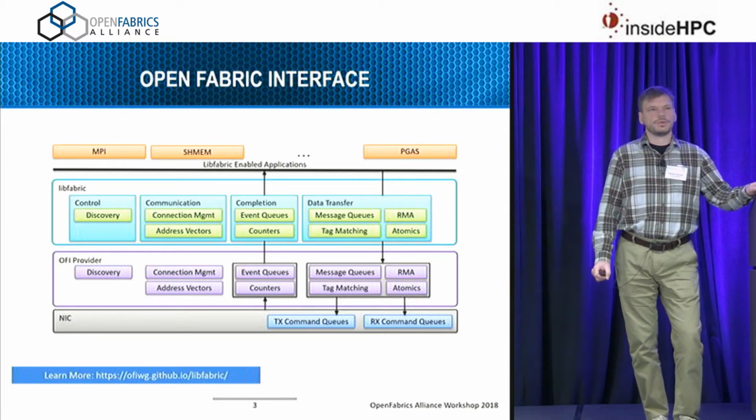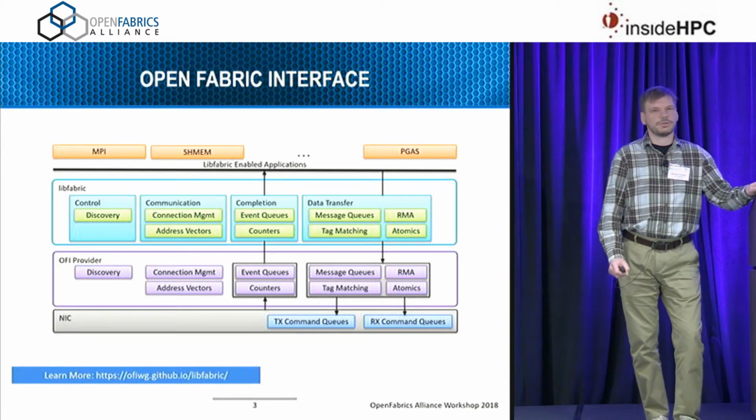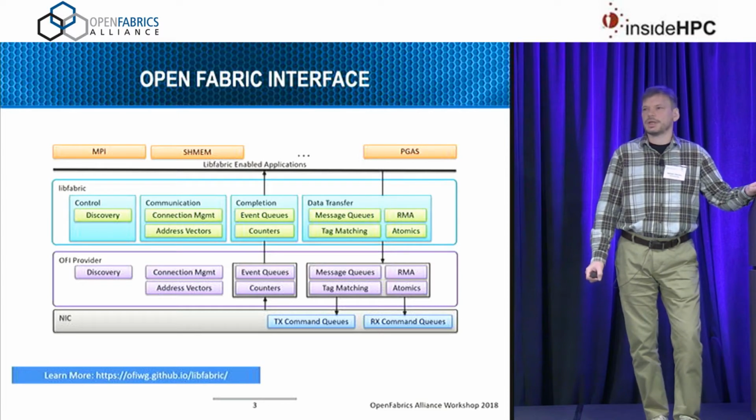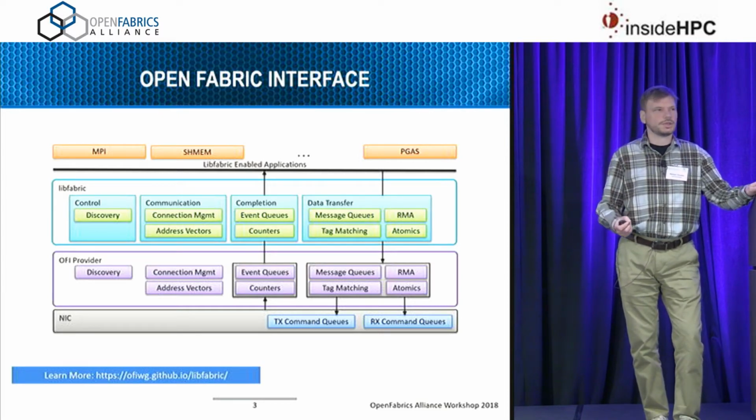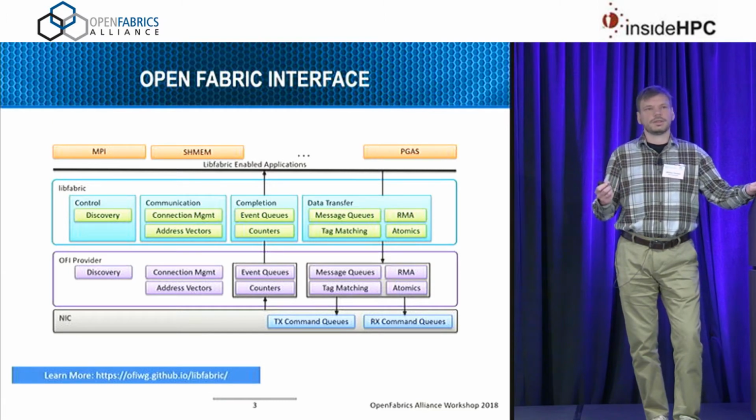What Intel MPI wanted from LibFabric, and what is very essential for us, is that it has all the capabilities we need to support different interconnects, and moreover, it is a capability-driven fabric. That is what is important for Intel MPI.